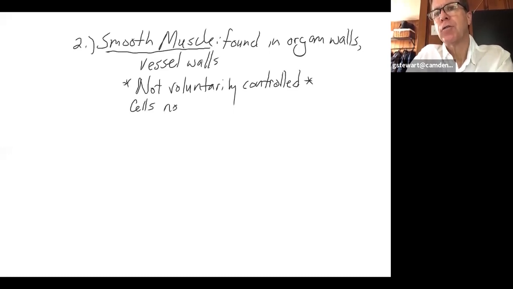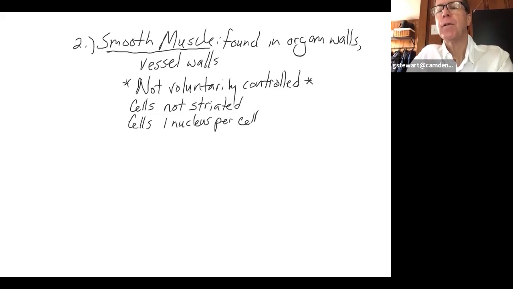They do not have stripes when we look at them under a microscope. You'll understand the significance of that when we study muscle tissue in detail. And the cells only have one nucleus per cell. So that tells you a little bit about smooth muscle cells. Not a lot, but a little bit. You don't need to know a lot for this next quiz. You need to know these basic differences.